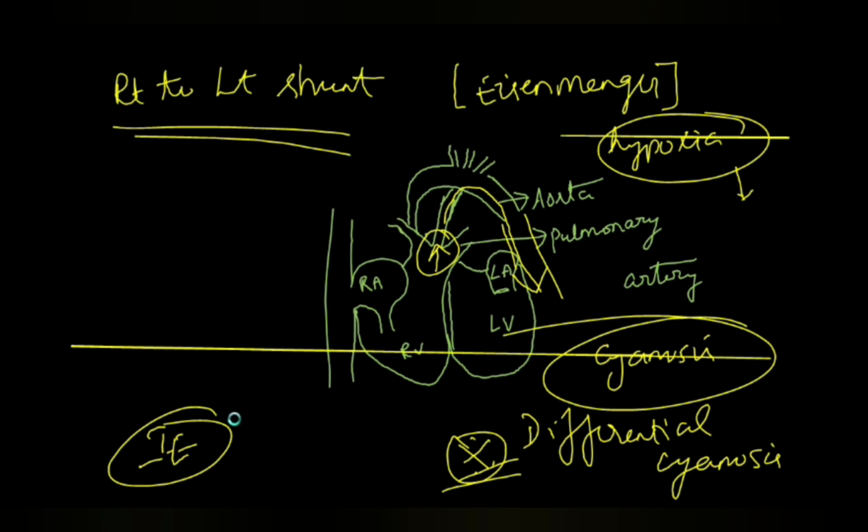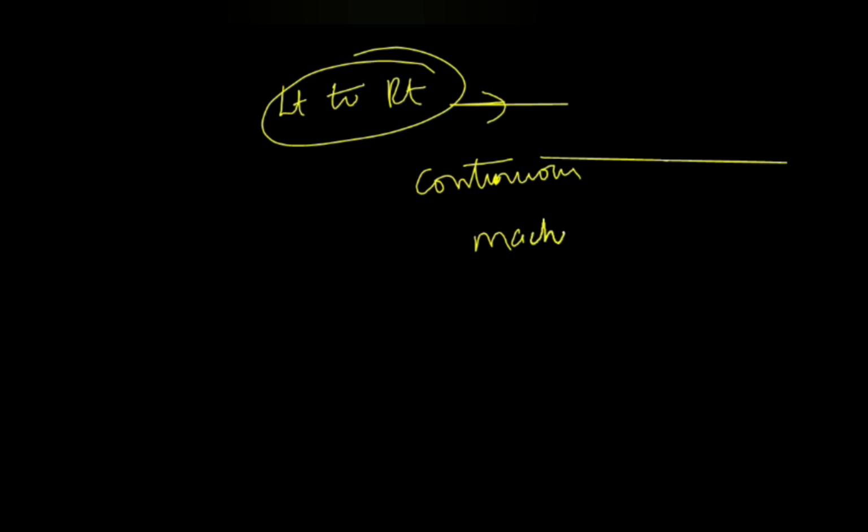Now because of this shunting, which is going to be from your left to right, from your aorta to pulmonary artery, it is going to be present throughout the cardiac cycle. So therefore it is called continuous machinery murmur.